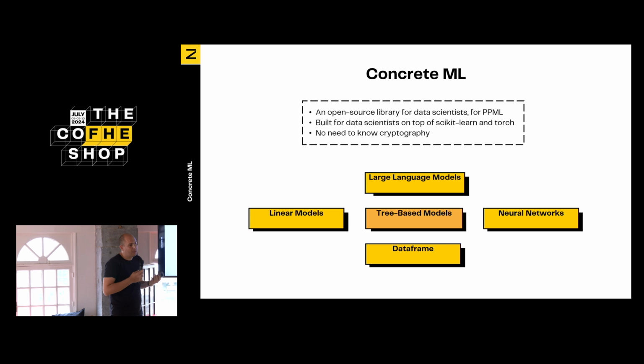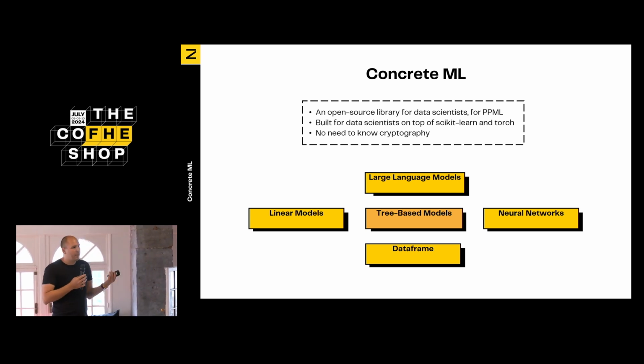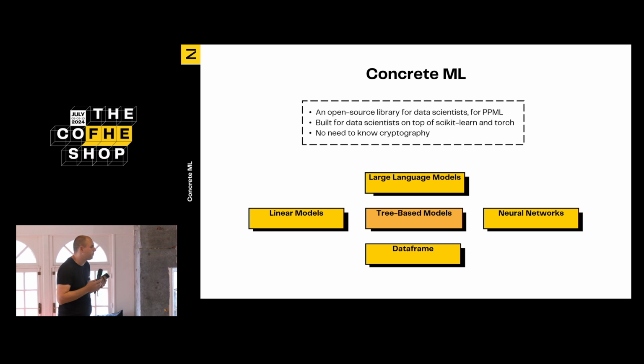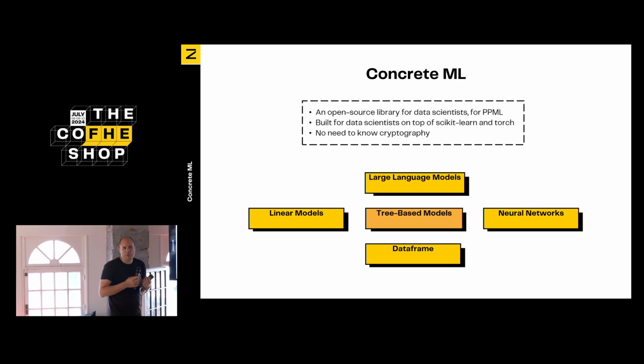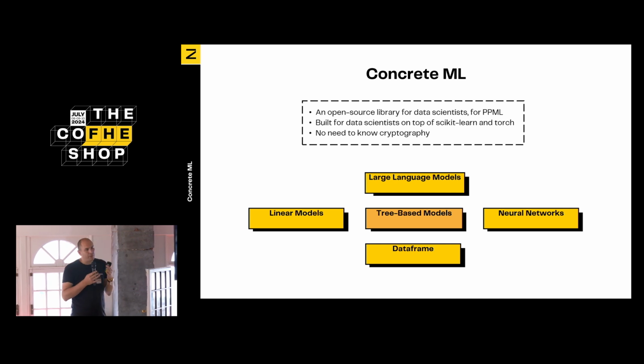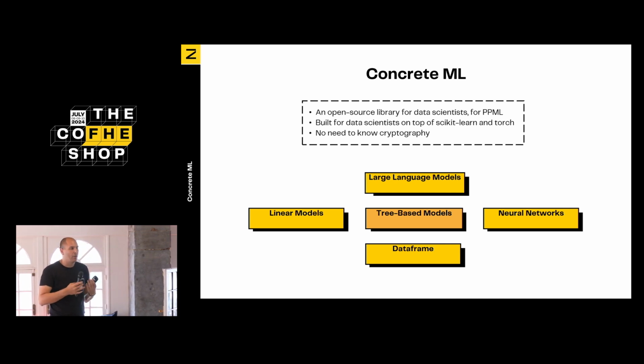So let's look at the more technical aspects of Concrete ML. Concrete ML is an open source framework built for data scientists. And the good news is that you don't need to know any cryptography to use Concrete ML. All the cryptography parts are handled behind the scenes, and the users of Concrete ML only need to have data science knowledge.